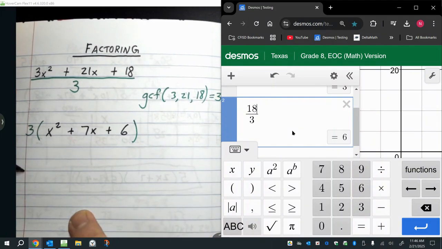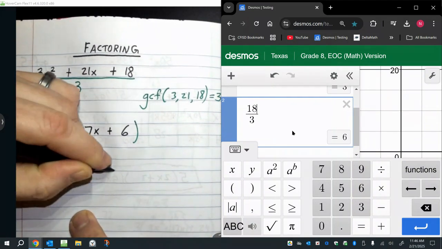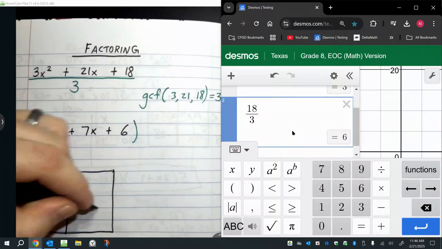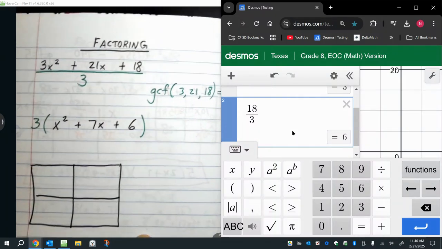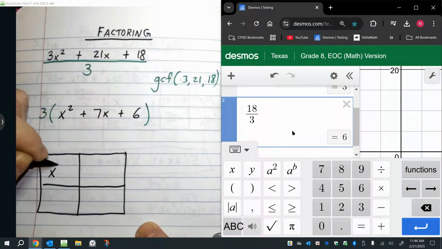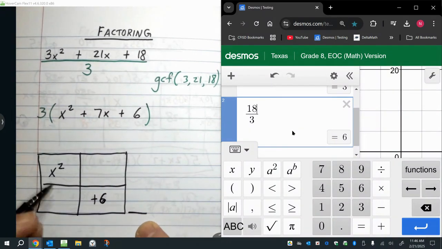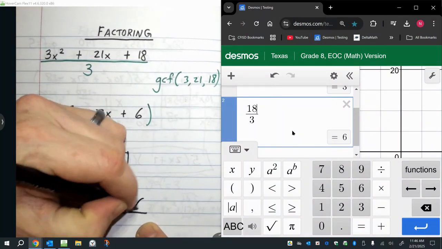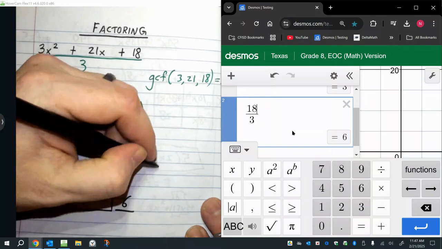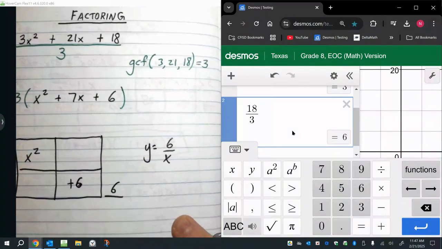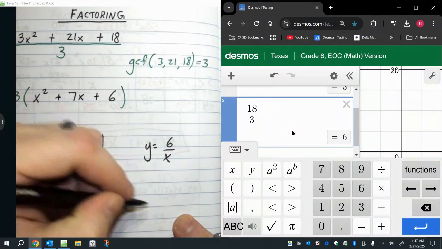Okay, so we're going to draw our box. And we know x squared goes in the first box, 6 goes in this box. You're going to take 1 times 6, and that gives you 6. So now in our calculator, we're going to type in 6 divided by x and turn that to a table.